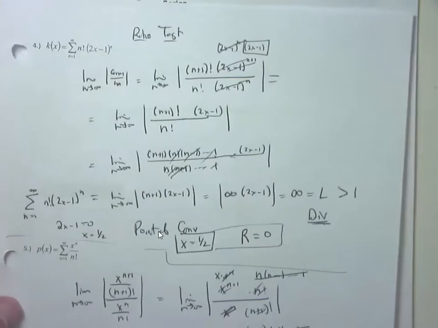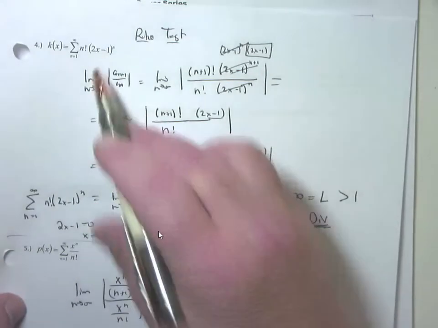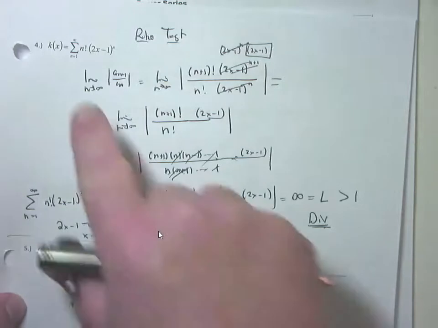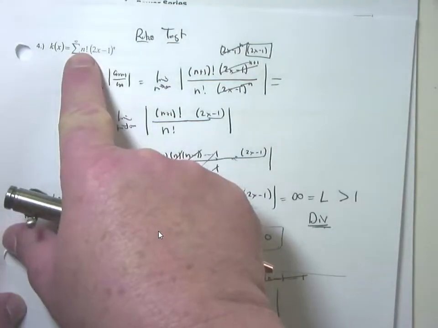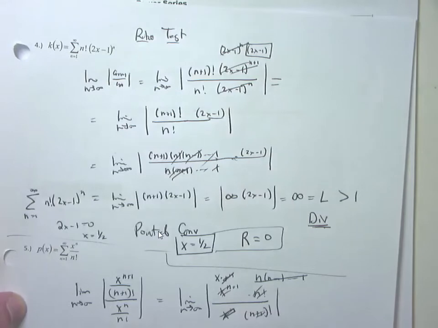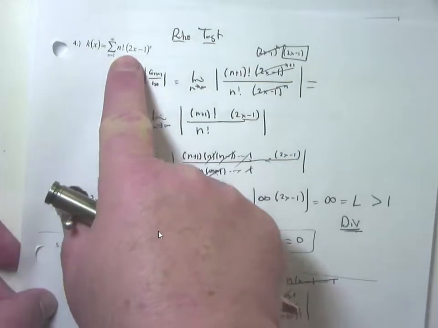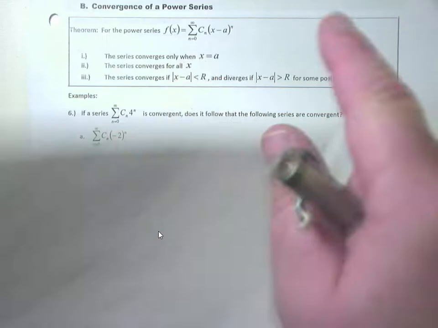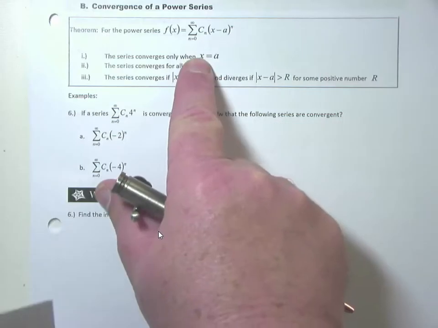If you remember the last two examples from last time, we had a power series where the factorial was in the numerator. I told you the trick: when the factorial is in the numerator, the series is almost always going to diverge, except for one point, the actual point that makes your power series zero. That's the point of convergence.